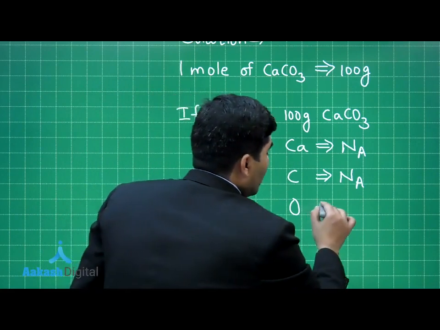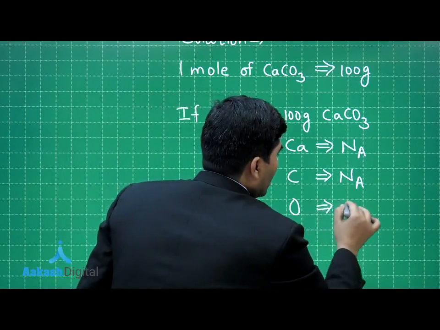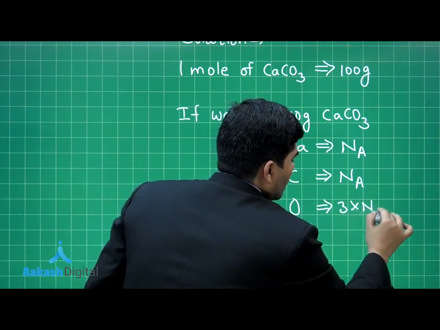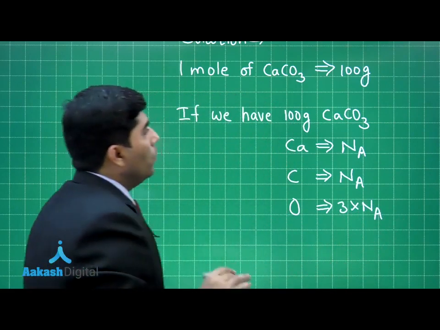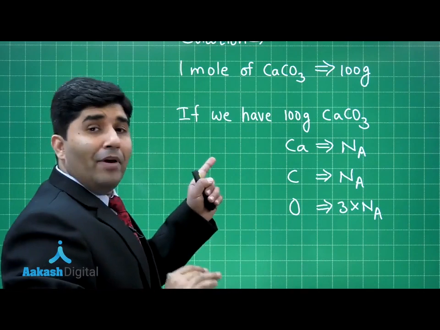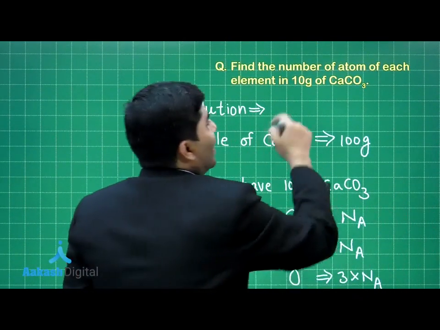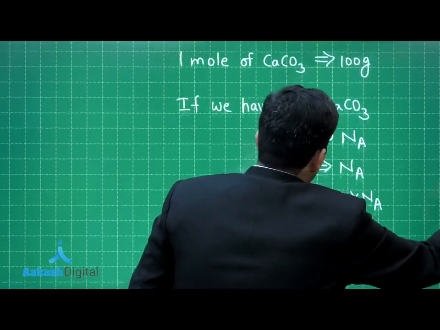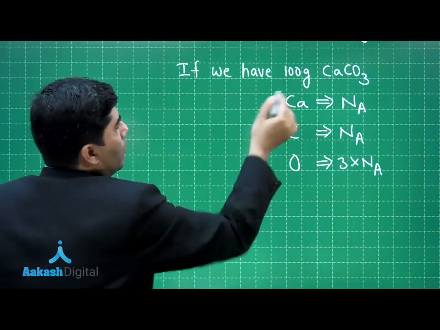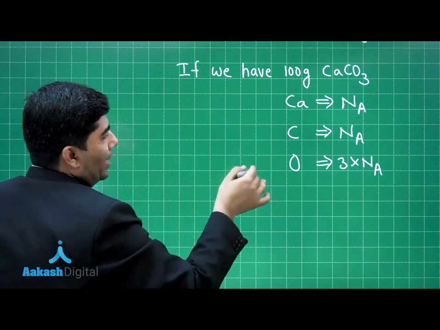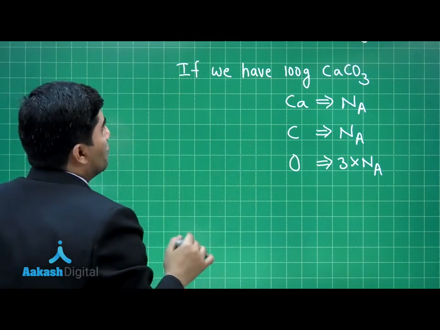Therefore oxygen atoms will be 3 into Na. Do we have 100 gram of calcium carbonate? No, we have 10 gram of calcium carbonate. So in 100 gram of calcium carbonate we have these numbers of atoms of these elements.